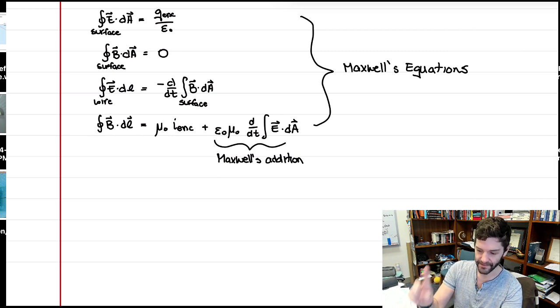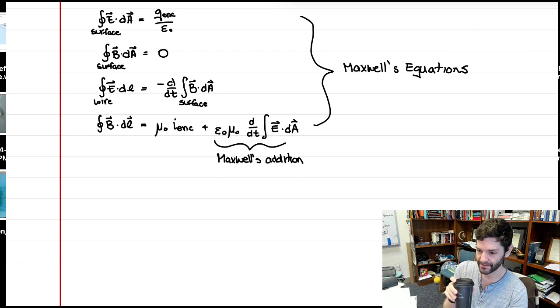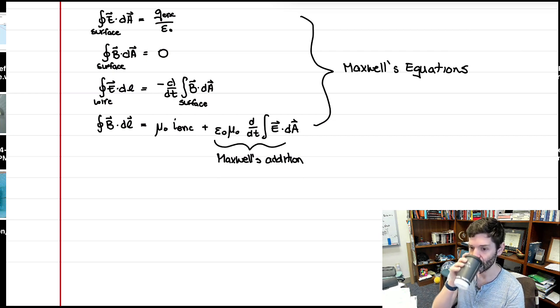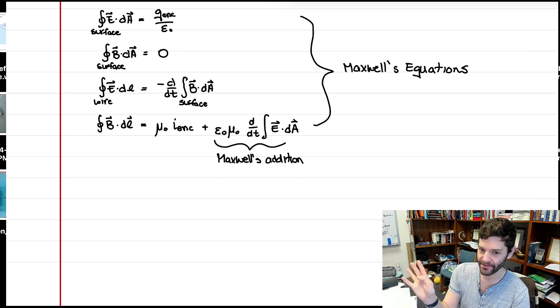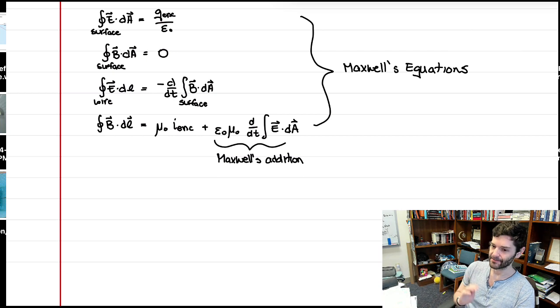Electric fields, magnetic fields, currents, bar magnets, moving charges responding to magnetism. Everything is wrapped up in these 4 equations, which is why we call it electromagnetism. These 4 equations describe everything. Of course, historically, it took a lot to get here.